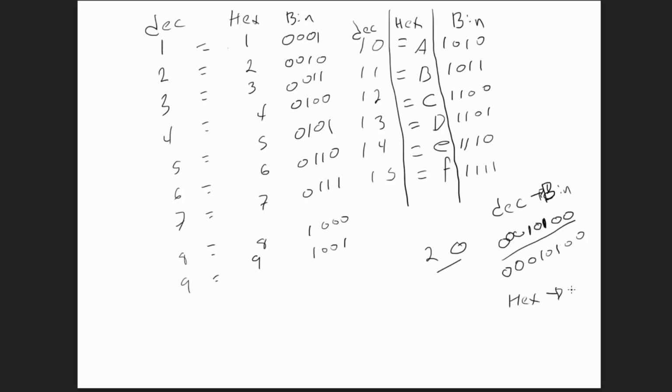But what happens if I really meant this was the hexadecimal number, and I want to convert that to binary? In that case, we are looking at, because remember, if we're talking hex, 2, 0, they're different numbers.